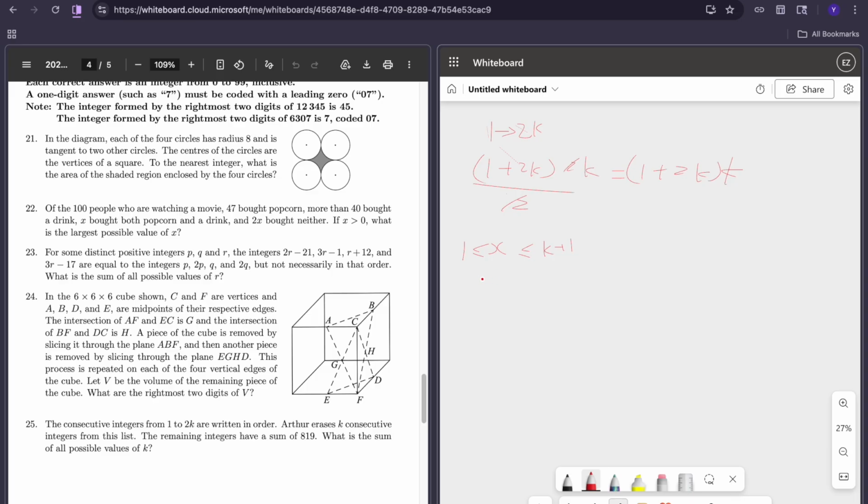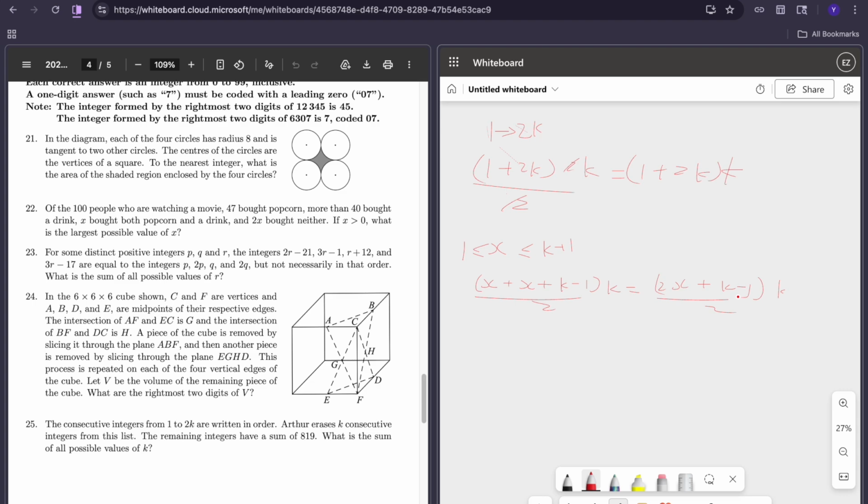And x plus x plus k minus 1 over 2 times k, which after simplifying we get 2x plus k minus 1 bracket over 2 times k.